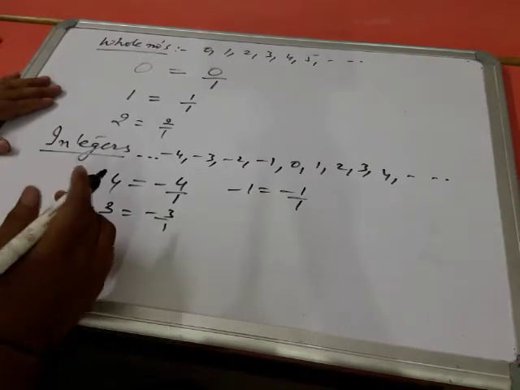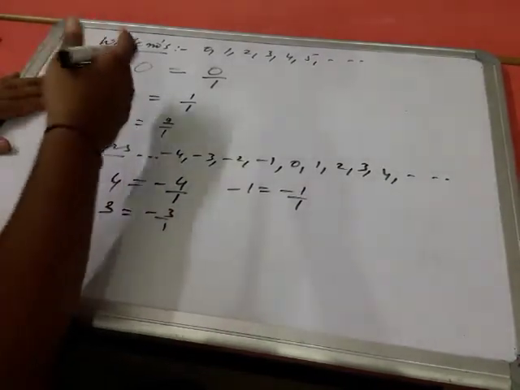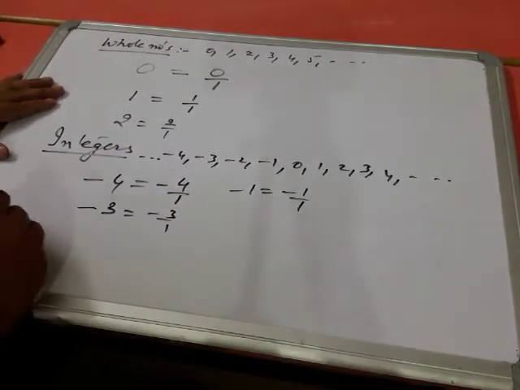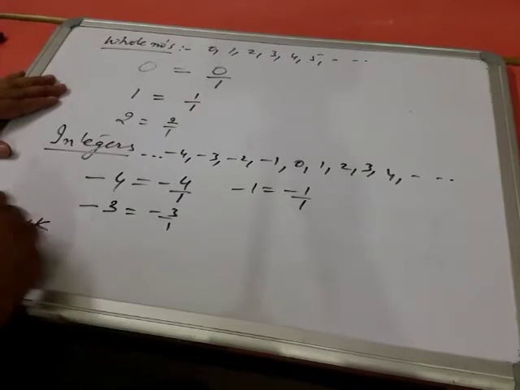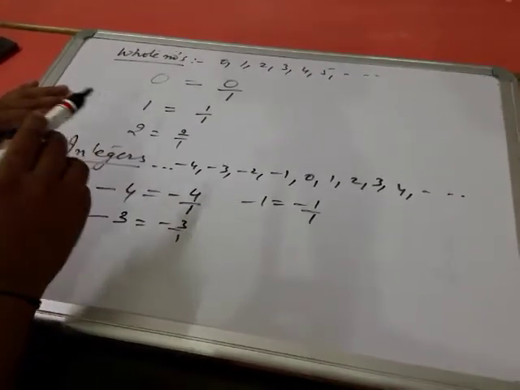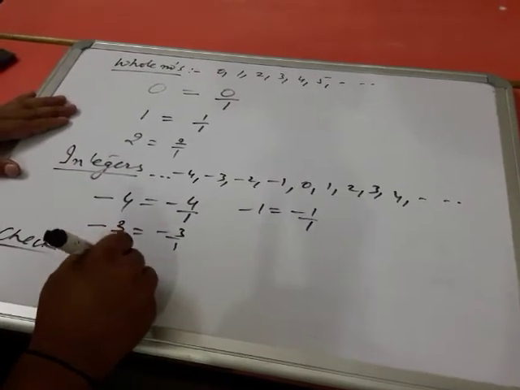But can we say that all rational numbers are integers, or all rational numbers are whole numbers, or all rational numbers are natural numbers? Let us check whether all rational numbers are natural numbers or not. Suppose we take 3 upon 4.